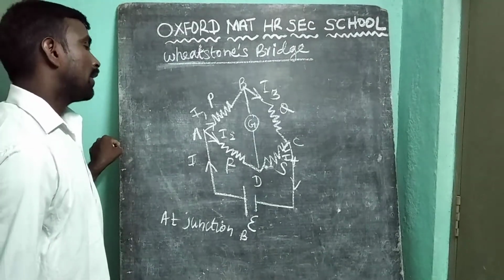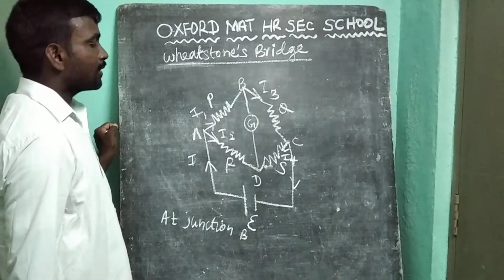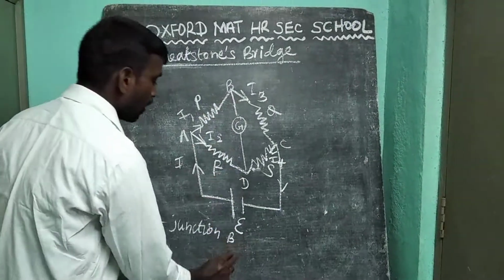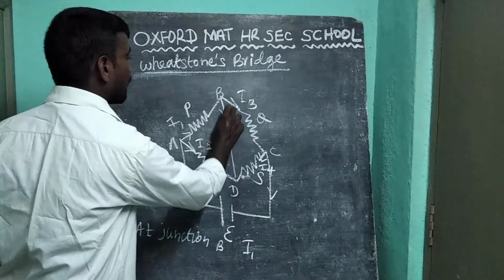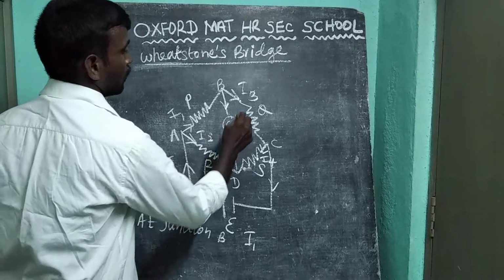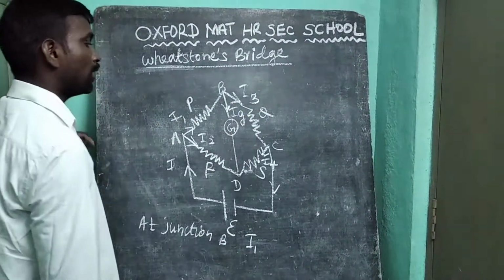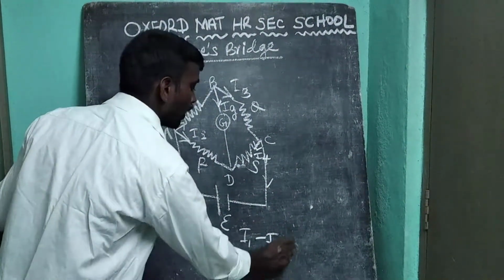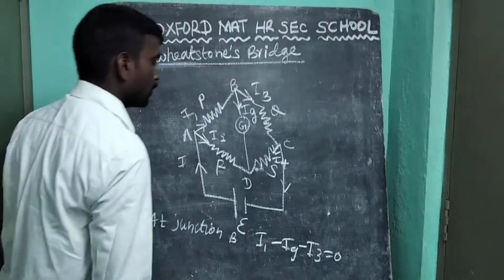That is, current entering the junction is taken as positive, and current leaving the junction is taken as negative. At junction B, current I1 is entering, and I3 and Ig are leaving, where Ig represents the current flowing through the galvanometer. So I1 minus Ig minus I3 is equal to 0.